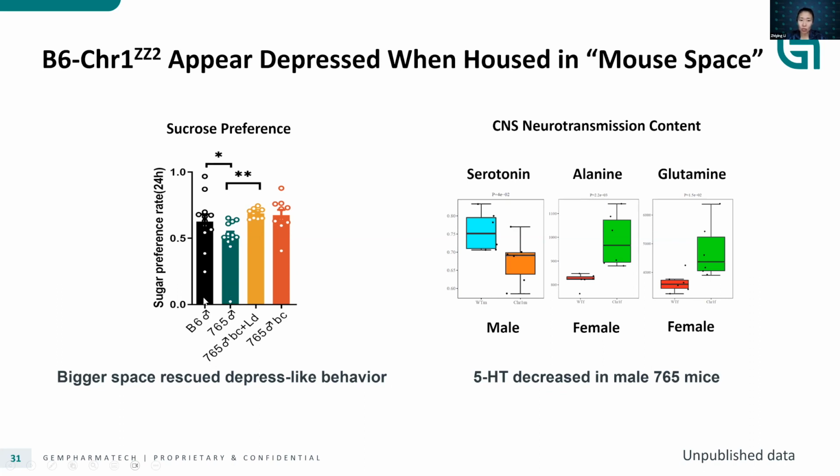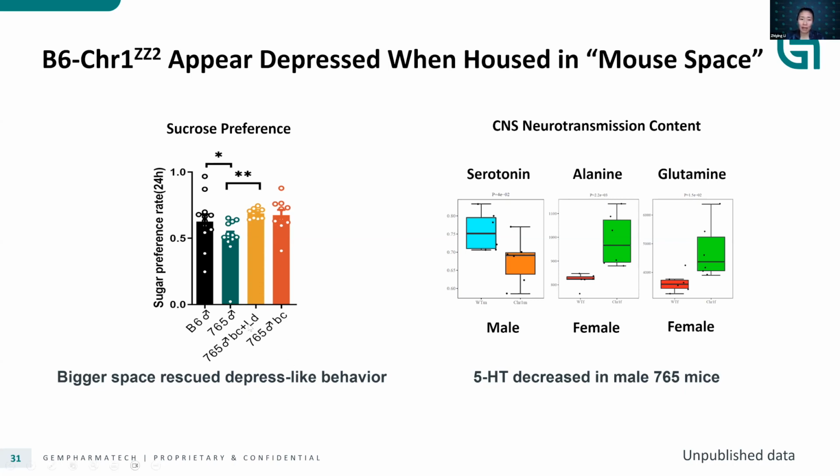These two groups are living in a normal mouse cage, so that's the mouse space I have in the title of the slide. And then we give the ZZ2 mice a large cage to live in. What we see is that when the ZZ2 mice are living in the normal mouse space, they have reduced sucrose preference, which we interpret as a depressive-like behavior.